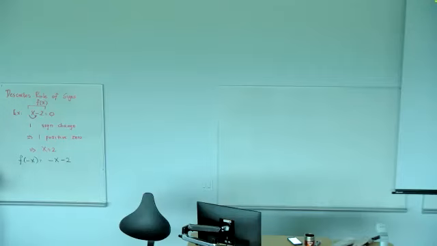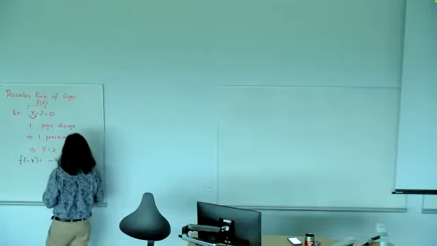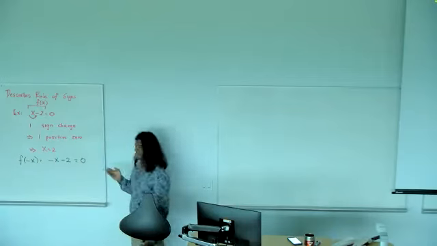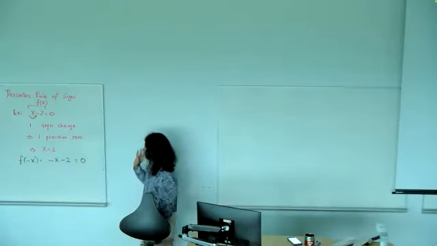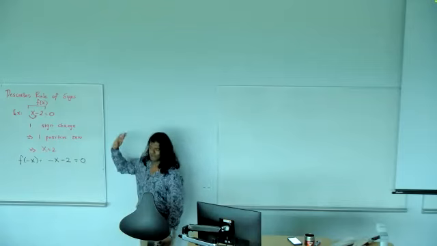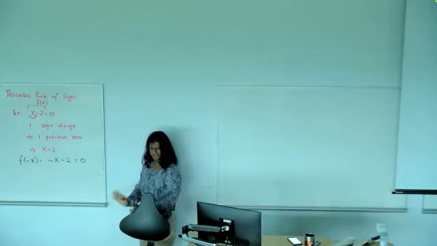But you're changing the function. You end up having negative x minus 2 equals 0, which would imply x is equal to negative 2, which would be the negative zero for f of negative x. So in this case, we can radically change the sign.